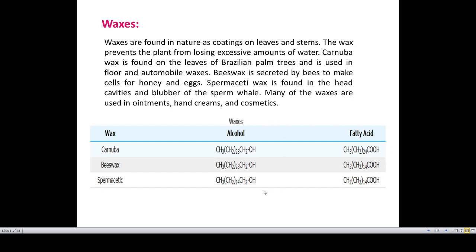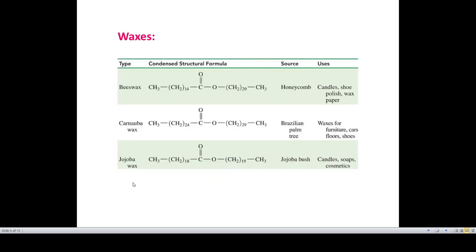And this is a tabular column where we have different types of waxes, and this is the alcohol component in carnauba wax, and this is the fatty acid component. The other examples here are beeswax and spermaceti wax, and this is the condensed structural formula.